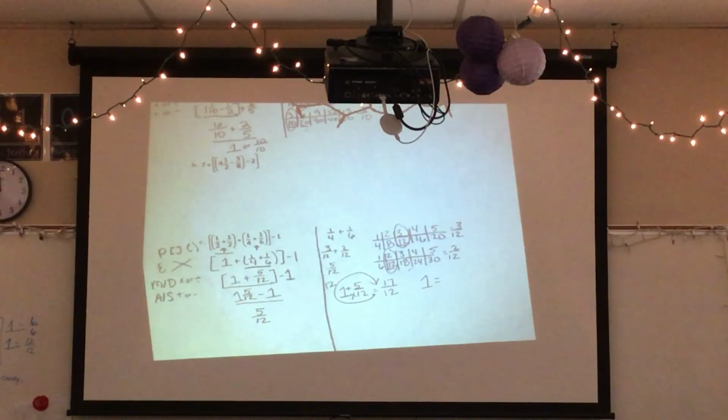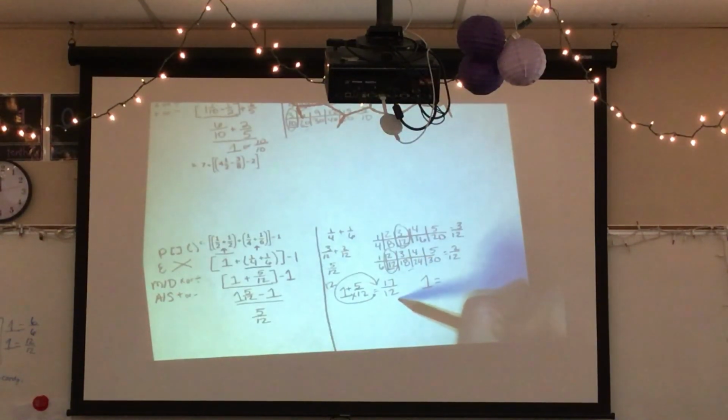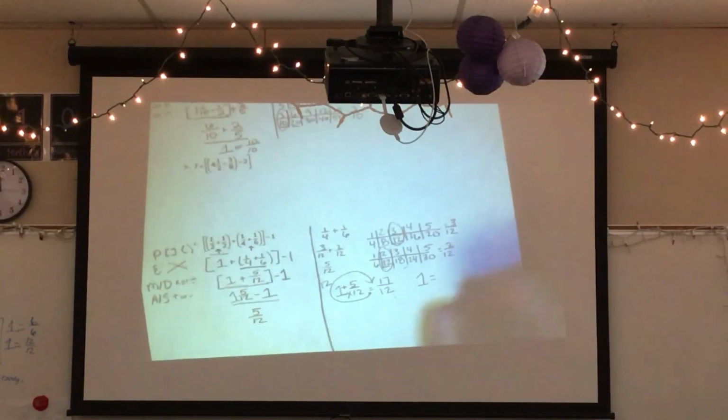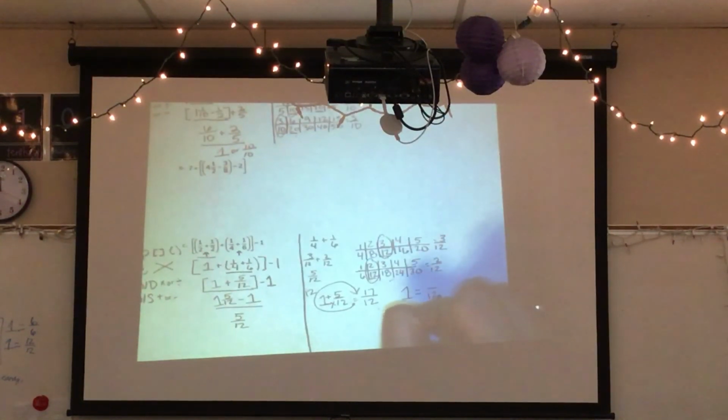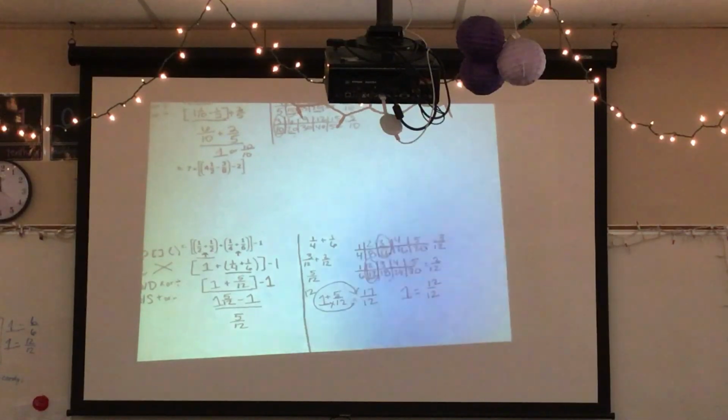Yeah. 1 over 1 would be equal to 1. 5 over 5 is equal to 1. So any number over itself is equal to 1. So if I already know that my denominator is 12, when you make that 1 a fraction, use the denominator 12, so you have easy math.